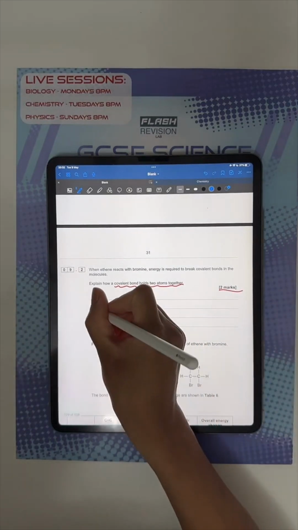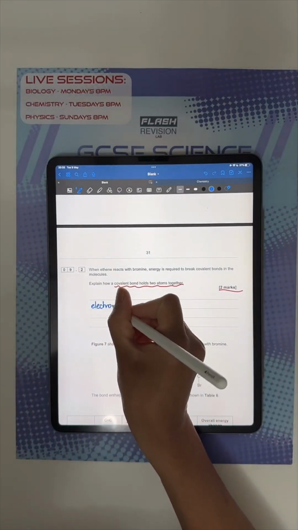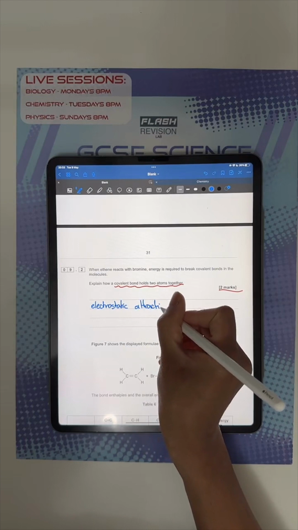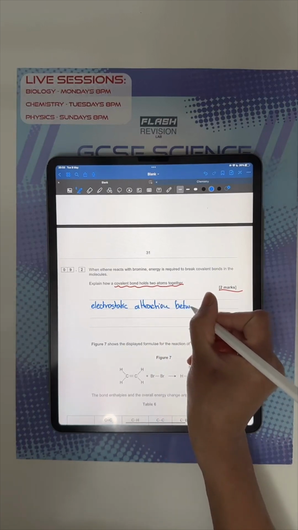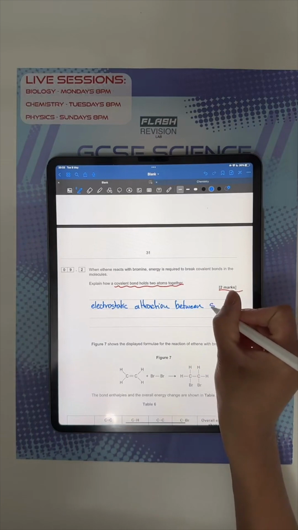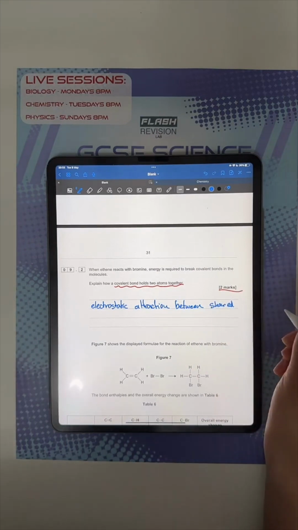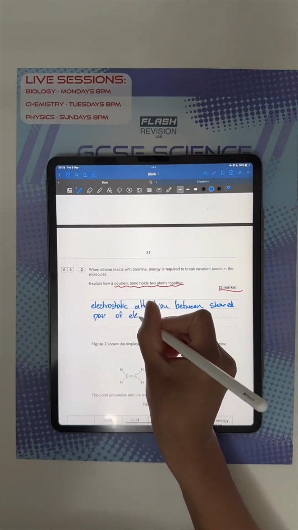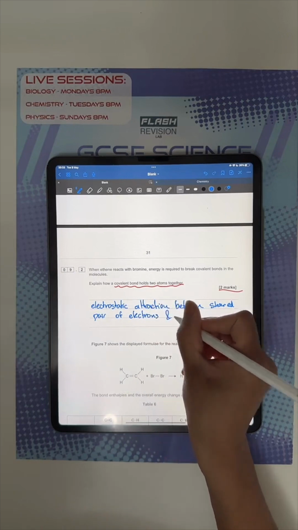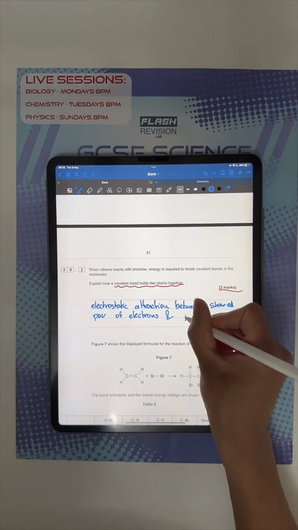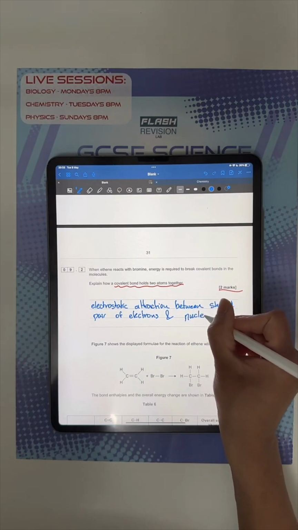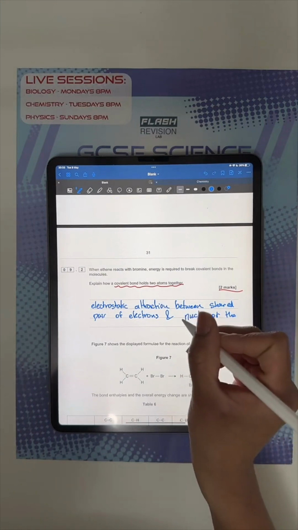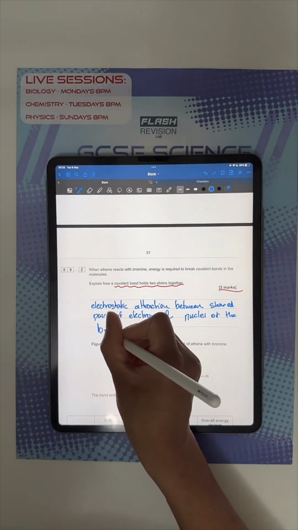So for this one, we'll say 1 mark: electrostatic attraction between shared pair of electrons and nuclei of the bonded atoms, we'll say.